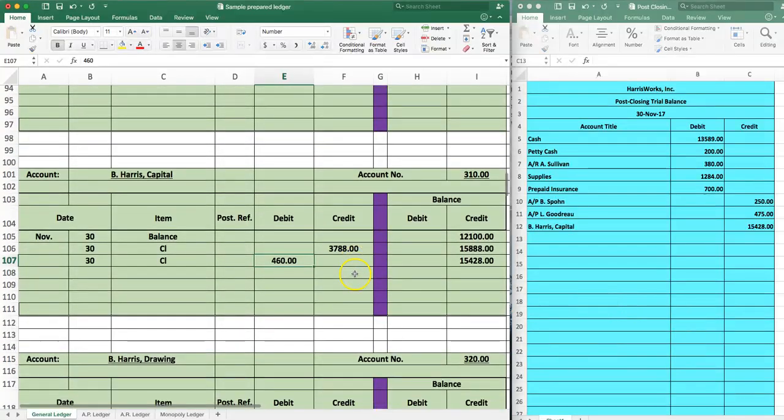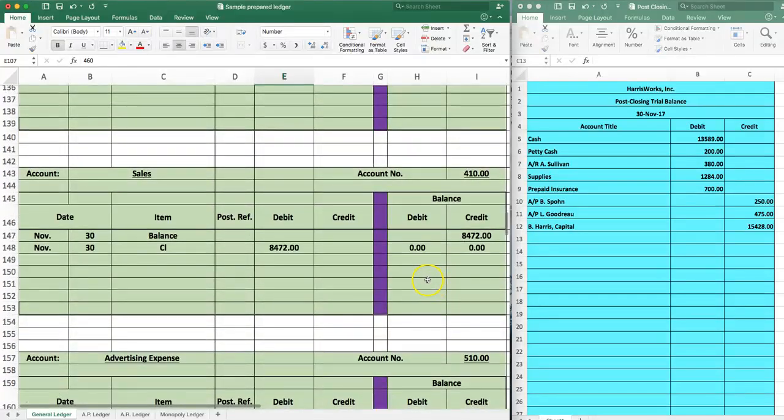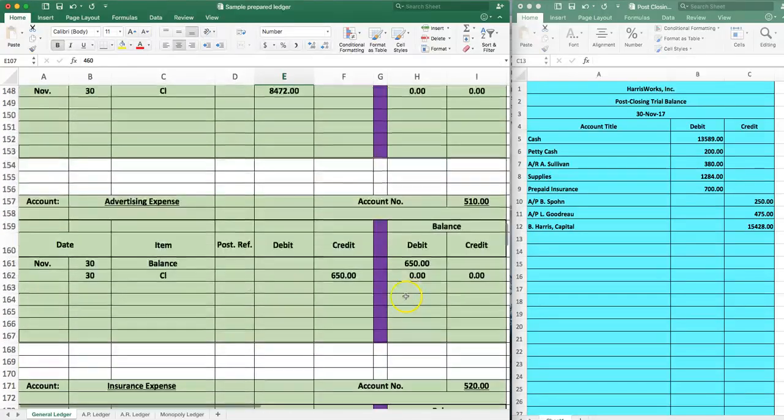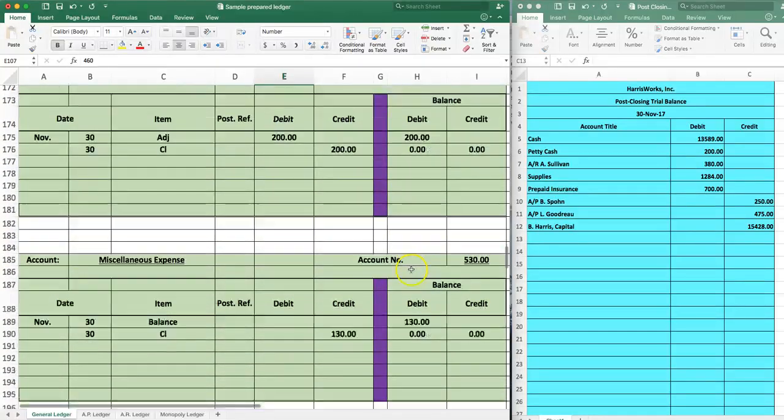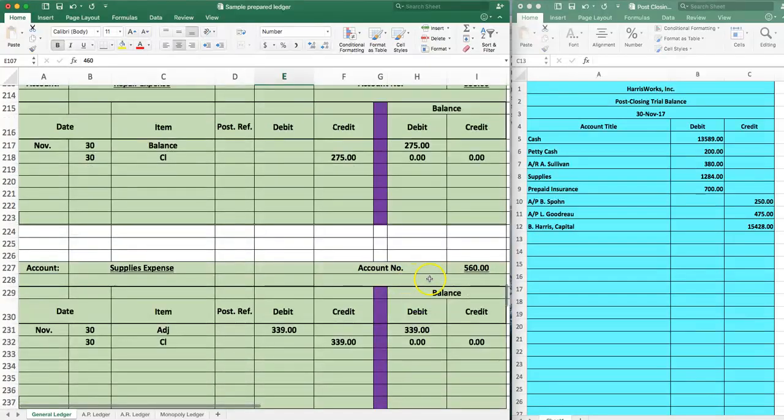Now let's check out drawing, 0 balance. Income summary, 0 balance. Sales, 0 balance. All of the expenses, 0 balances. So guess what? If they have a 0 balance, there's really no sense in putting them here in the post-closing trial balance. Why would we put account names with zeros here? It has no effect on our debit and credit totals.